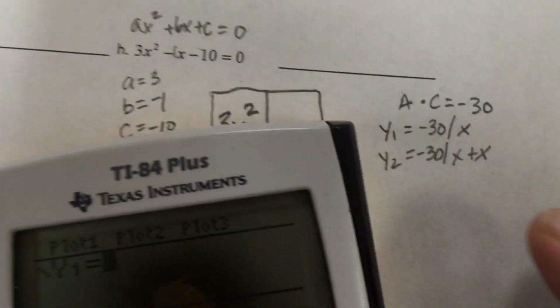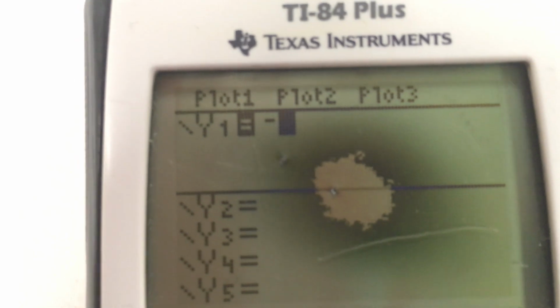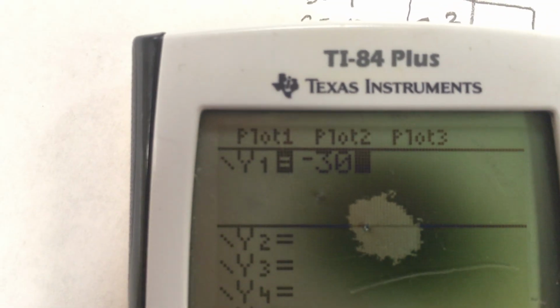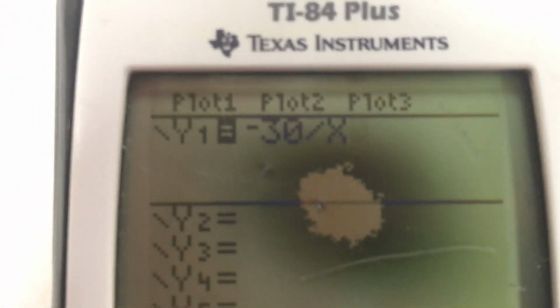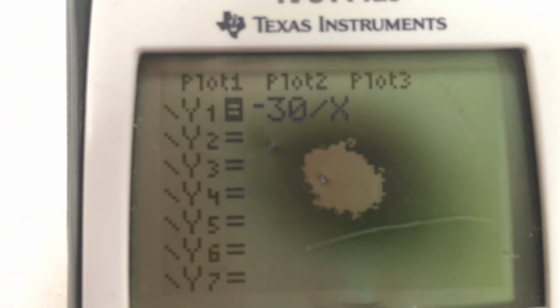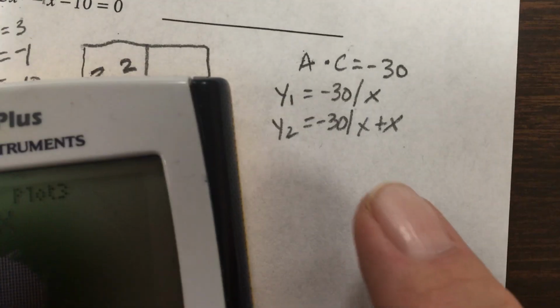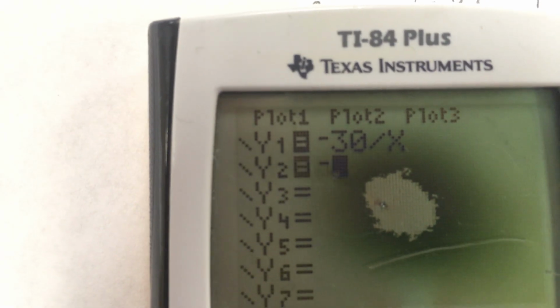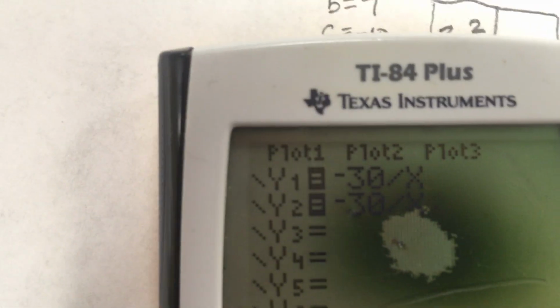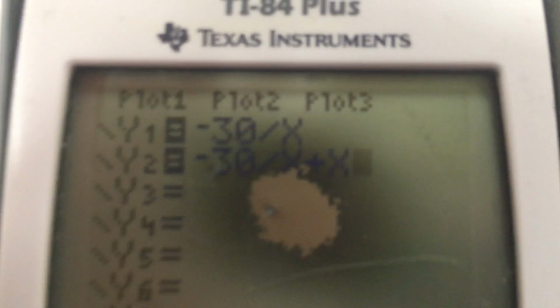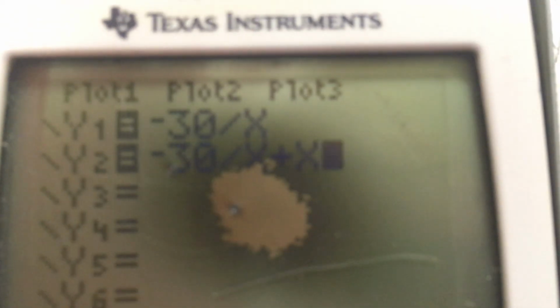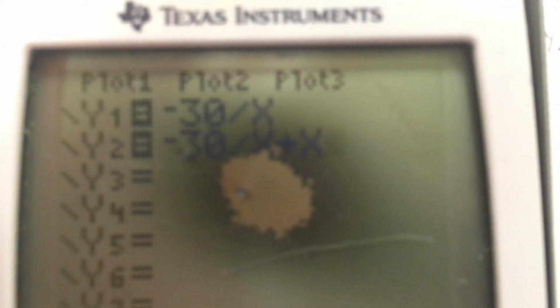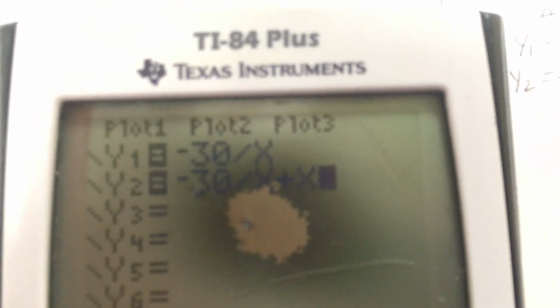Type in the first thing right here, -30 divided by x. Then I go down to y2, and in y2, I'm going to put -30 divided by x plus x. So this is what we should have in our calculator. All right.